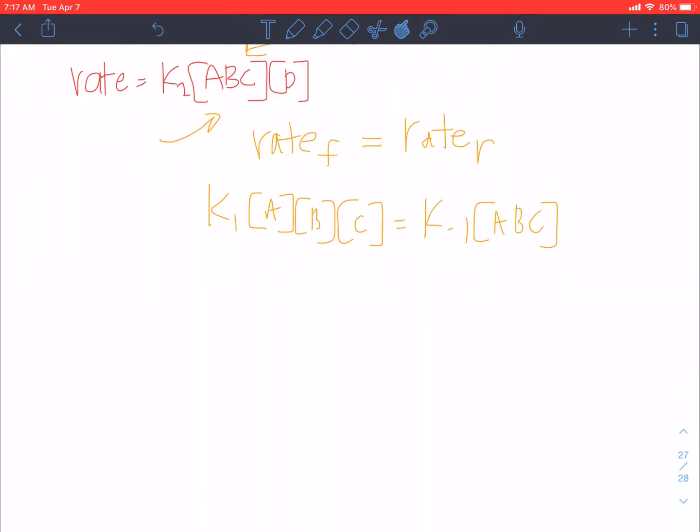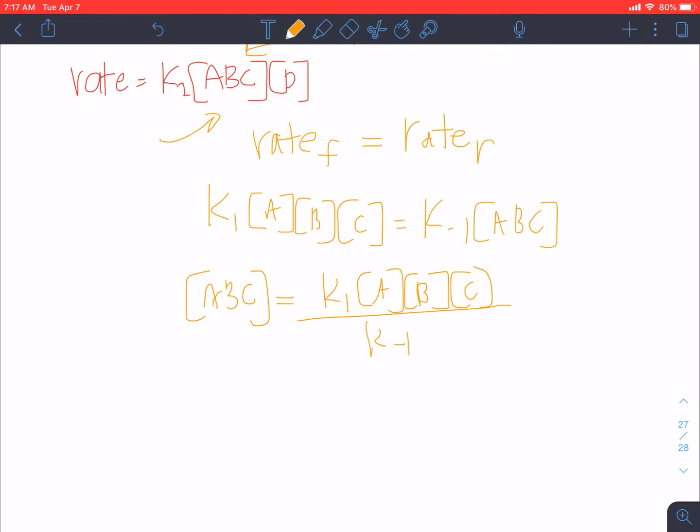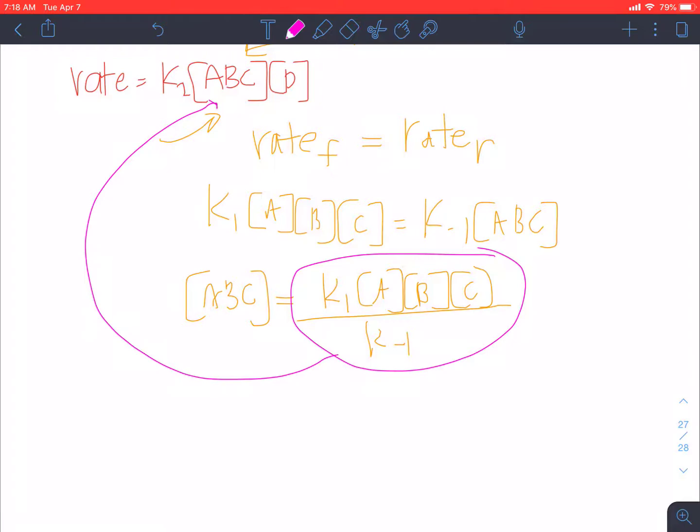So now if we solve for ABC at equilibrium, we can rearrange that and get ABC equals K1, A, B, C divided by K to the negative 1. And we can substitute this portion of ABC back into our original rate law.